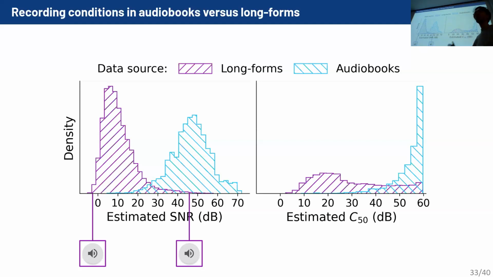Whereas in long forms, you have a whole range of reverberant conditions, with environments that do not reverberate speech a lot, and others for which we find strong reverberant conditions. Similarly, I prepared audio samples.